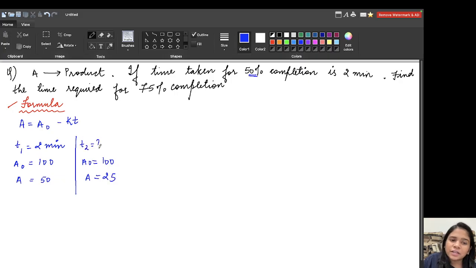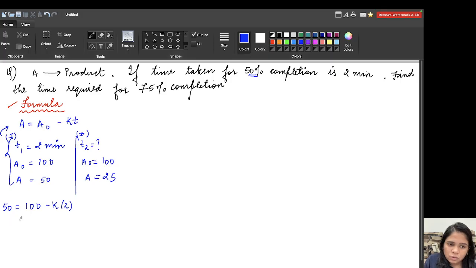You need to find the T2. So how will you find it? Just substitute all these values in the formula. First part, substitute all the first part things. So what is your A? A is 50, equal to 100 minus kt, and time is 2 minutes. So this is your 2. We need to find k here.